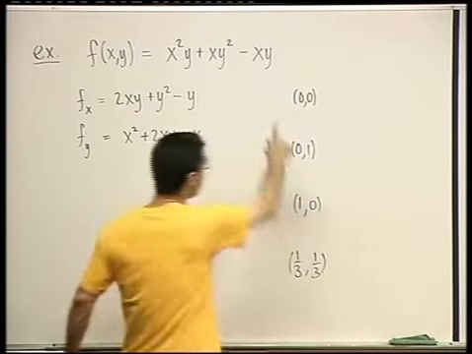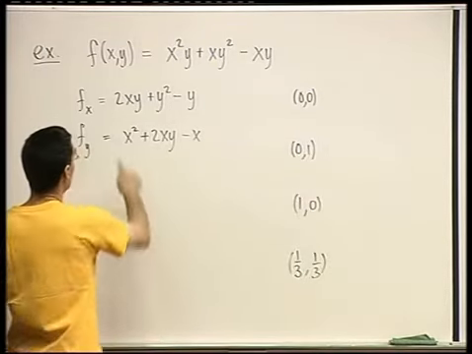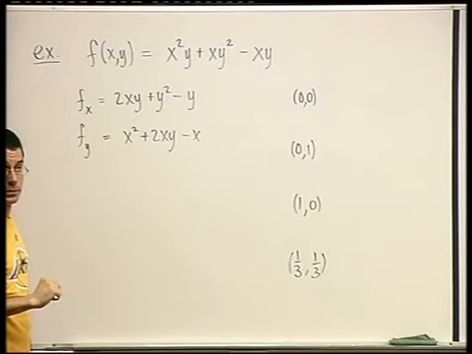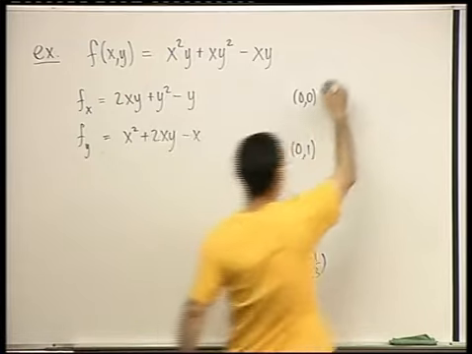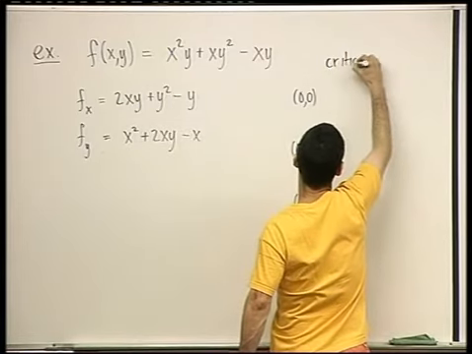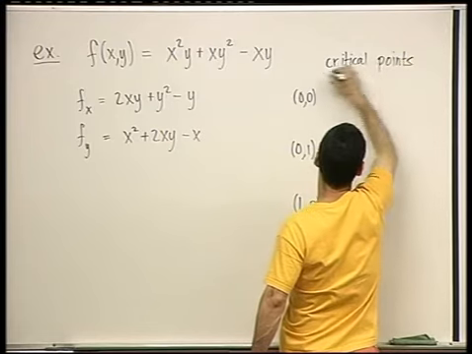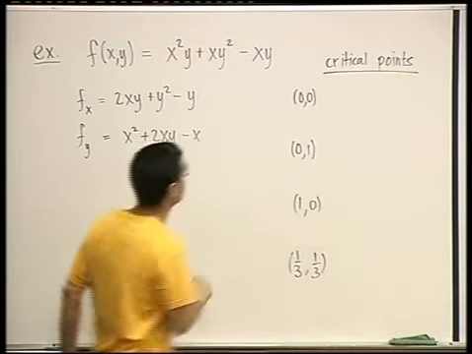Those were the points that satisfy both fx and fy equal 0. Okay, so these are the critical points. Okay, so this is what we found.